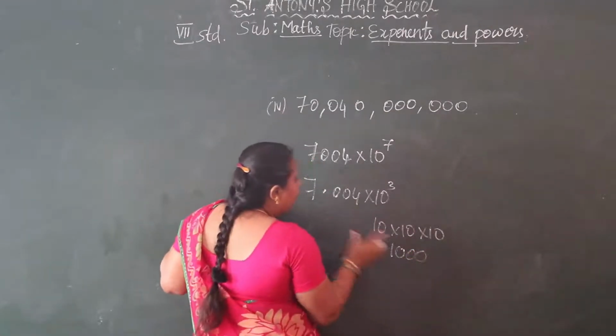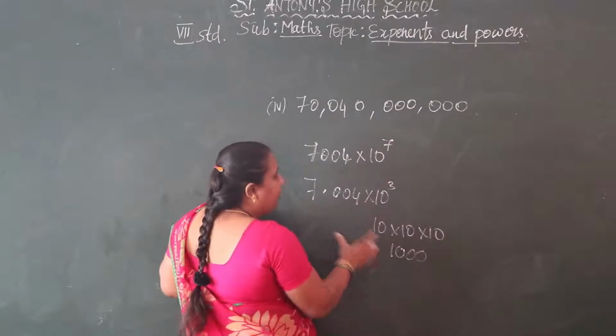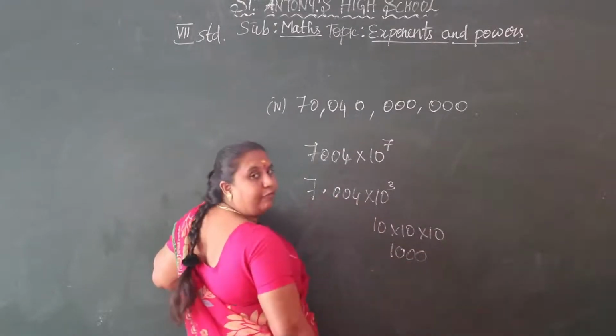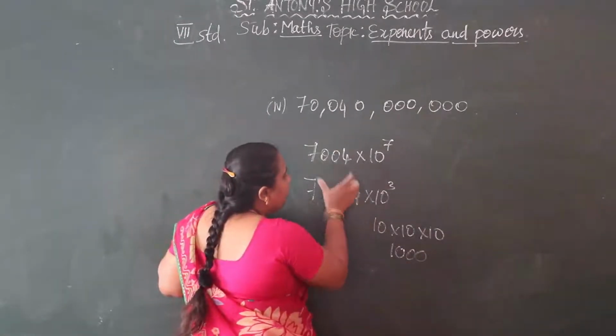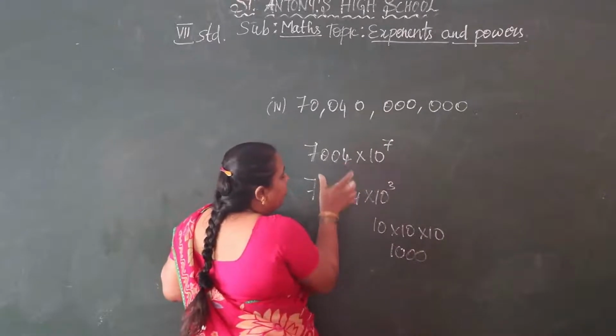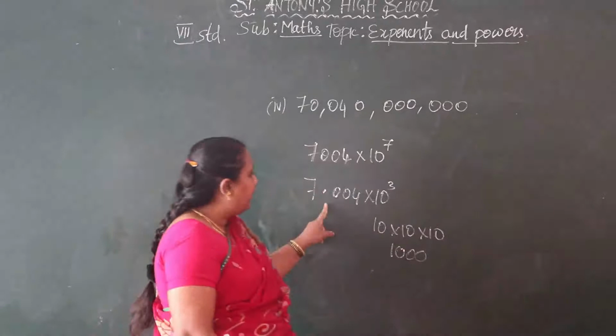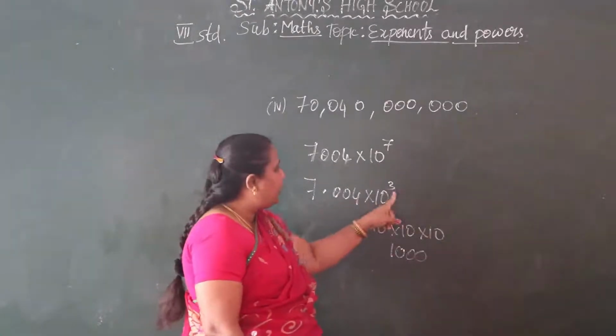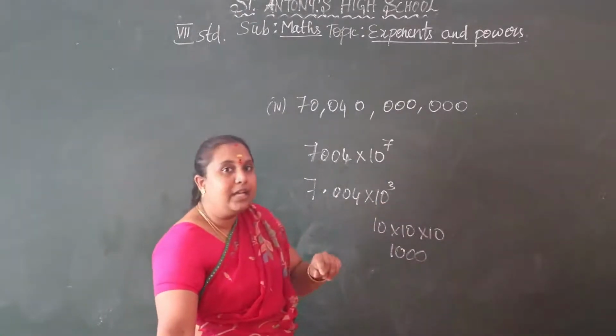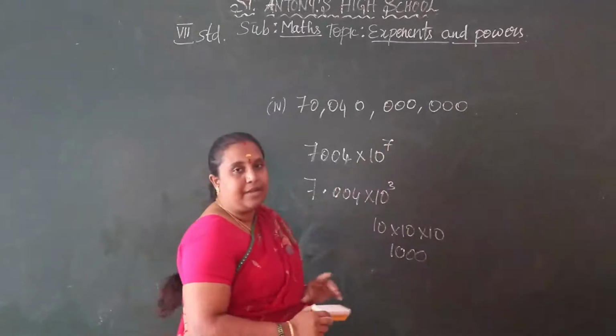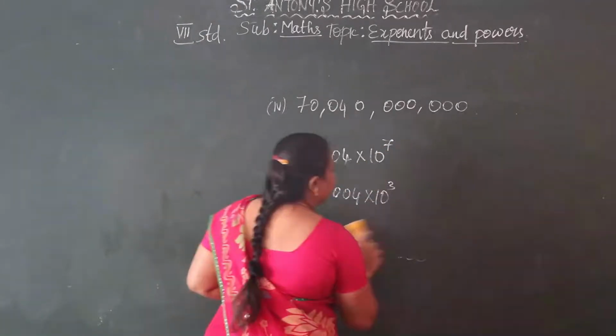So 1000 into 7.004 we get 7004. So the short form of 7004 is 7.004 into 10 to the power of 3, and we have 10 to the power of 7 separately.